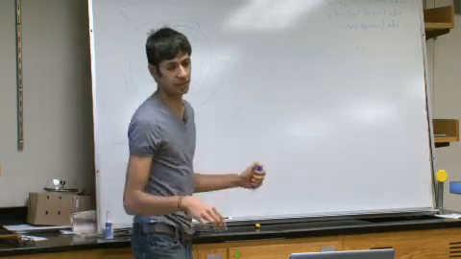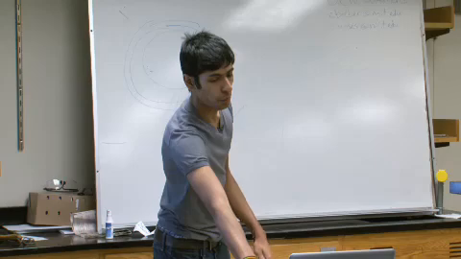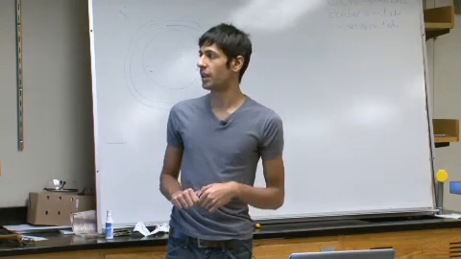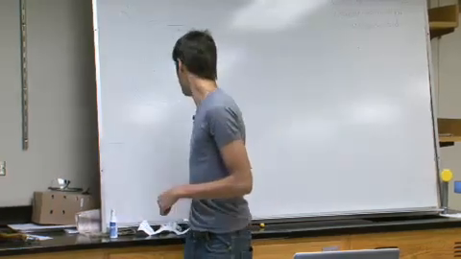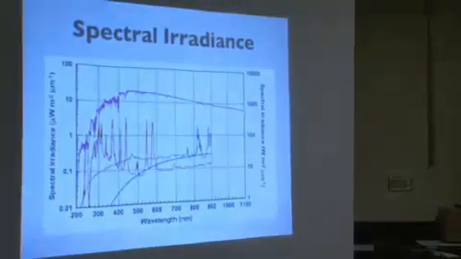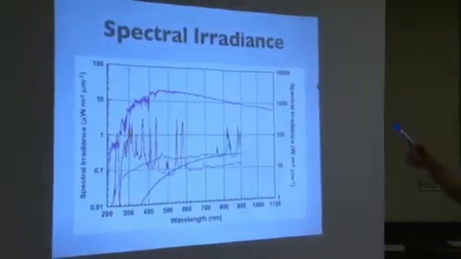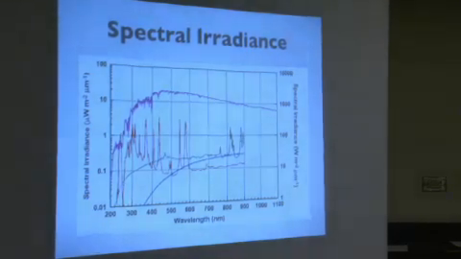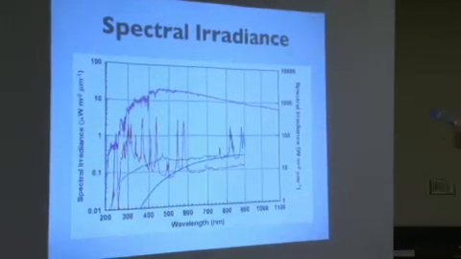It's kind of cool to look at a graph of what the irradiance looks like. So this is wavelengths. This is a weird graph. The red, green, and blue are 3 different types of lighting, and the purple is what the sun is.